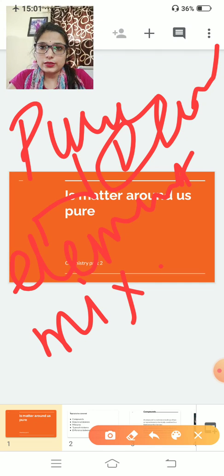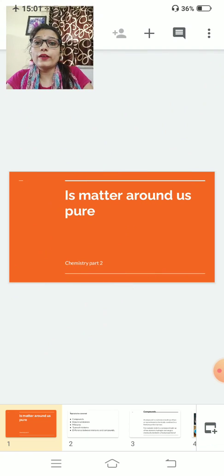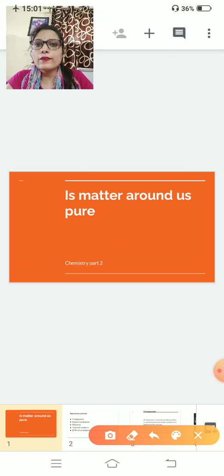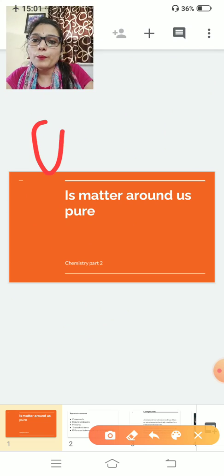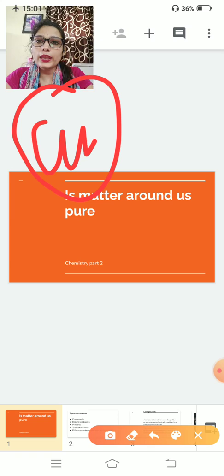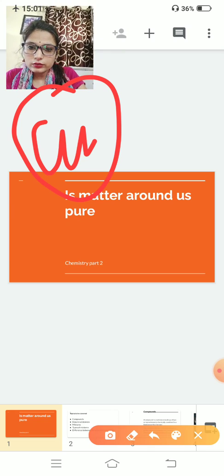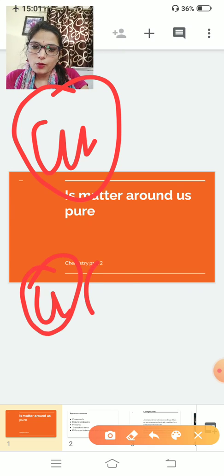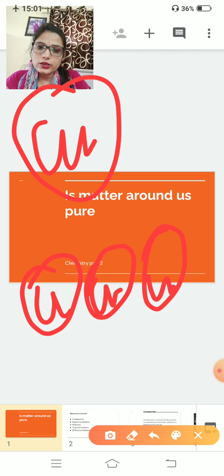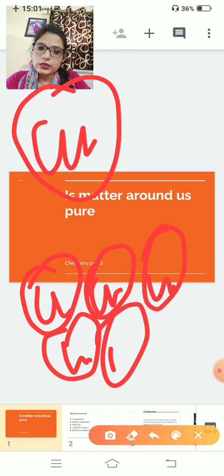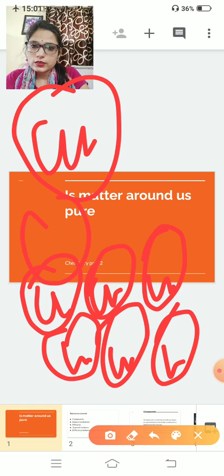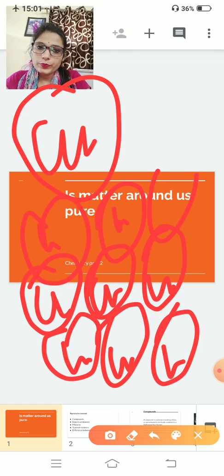What are elements? Elements are those types of pure substance which, if you break them down, will not divide into simpler units. Take one example, copper. If I draw the block diagram of copper, it is like this: Cu, Cu, Cu, Cu, Cu, Cu, Cu, Cu.